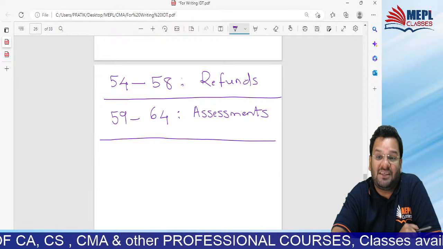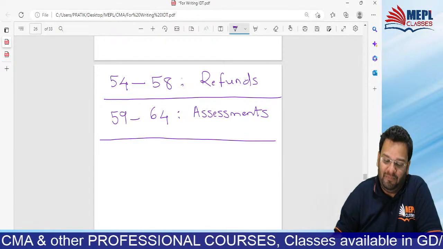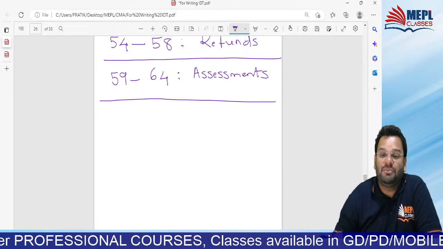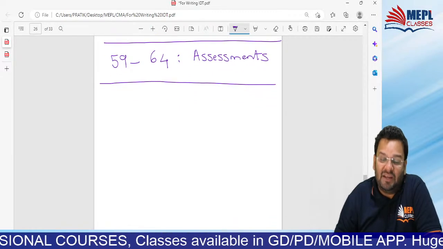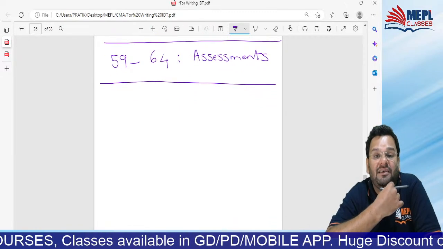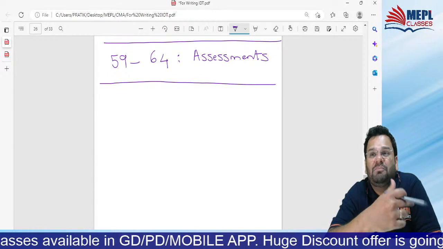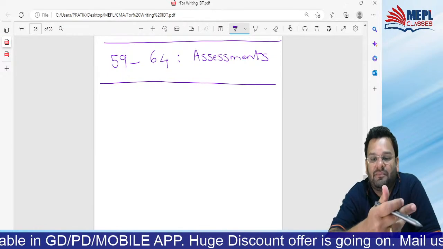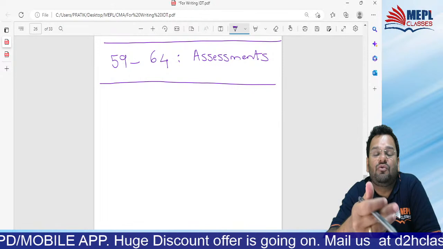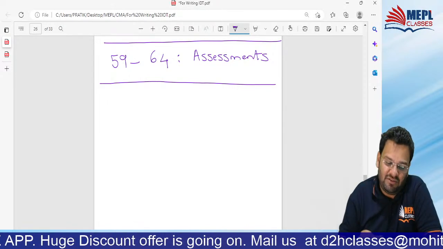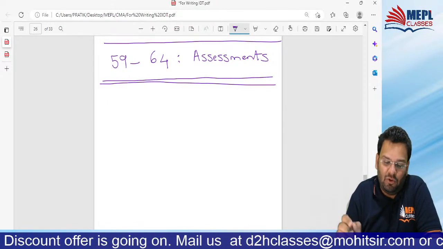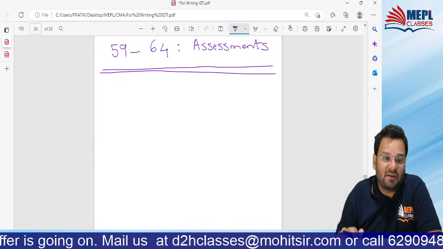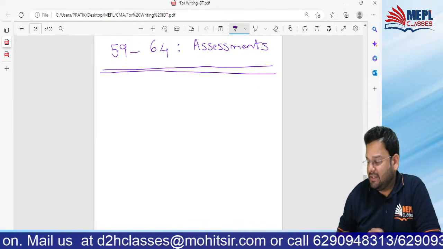In such cases best judgment assessment can be done. And even best judgment assessment will be done in case of those persons who are not filing the GST returns, that is non-filers of GST returns. So assessments are covered in 59 to 64.